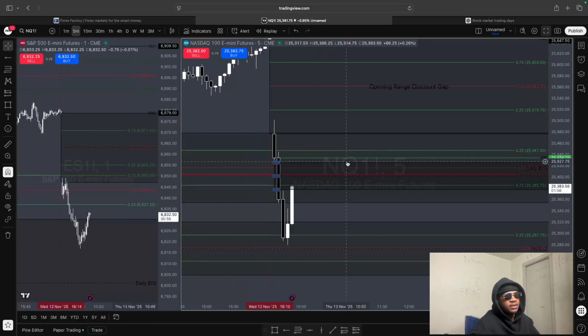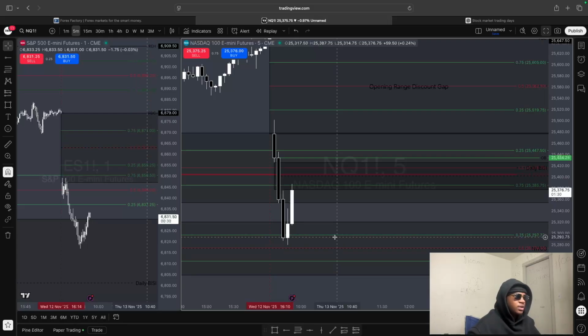But if we push above this, that 25,435. I'm tripping, that 25,434.25 will be a good entry. If we push above it, it doesn't need to be a candle close, but push above it and then come back to it, I'll validate the order block versus the 5 minute. I want to see an inversion, not inverse, my bad. Inversion of this 5 minute sell side imbalance, buy side inefficiency.